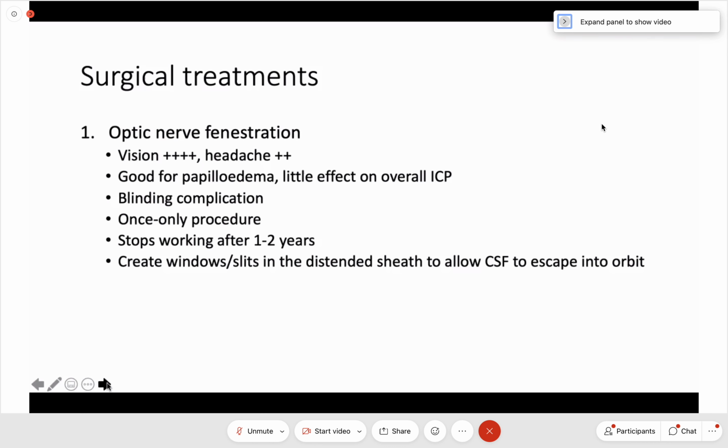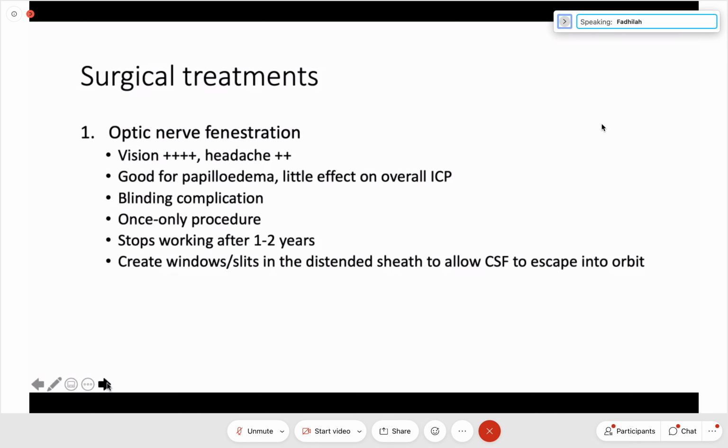And of course, if not careful, you can make the patient go blind. It's a once only procedure, meaning you cannot repeat this. You only do it once and that's it. And unfortunately, it can stop working after 1 or 2 years.